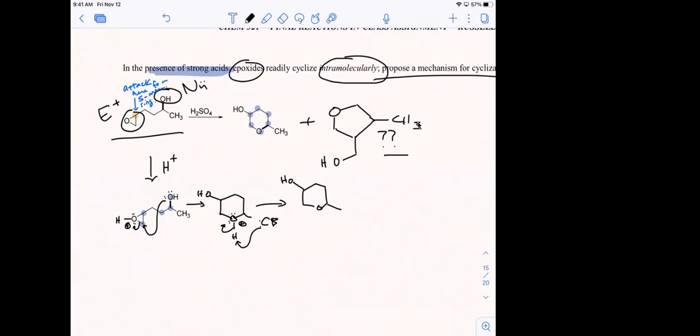Under neutral conditions, it'll attack the least substituted site. Yeah. So the 5-membered ring is also possible under the conditions.